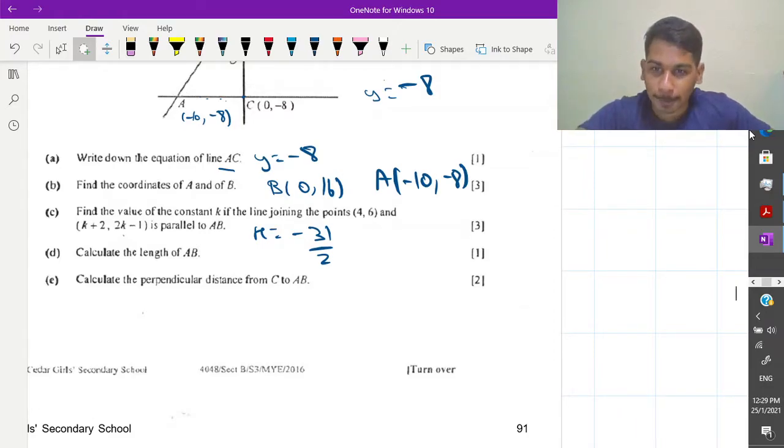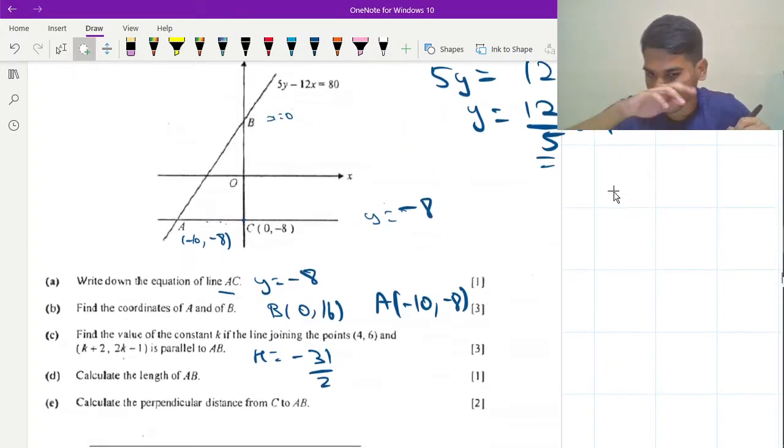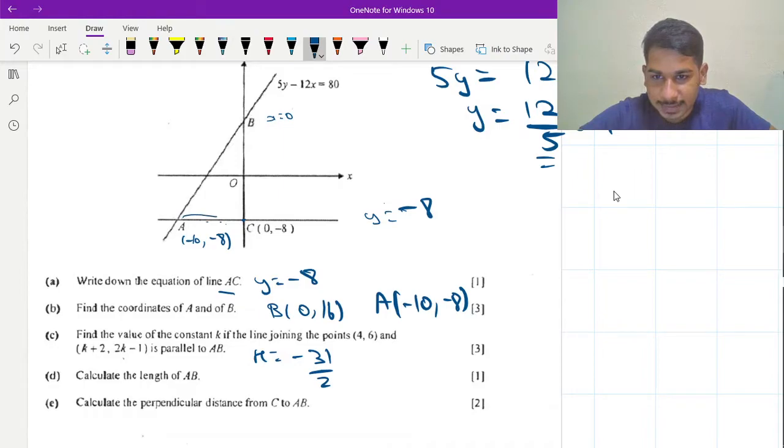Length of AB. We can use Pythagoras theorem, because this is 8 centimeters, and that's 16 plus 8, which is 24. This is 24, this is 8.